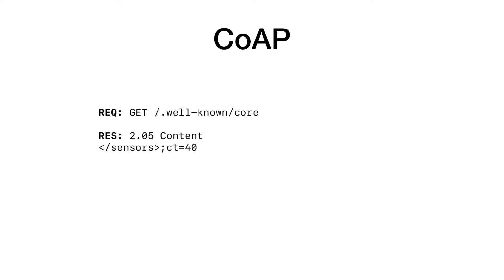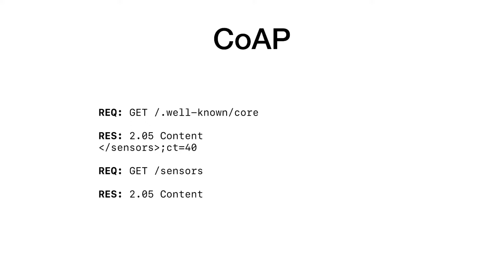What's returned is also application/link-format. So if I go to /sensors now, I know what type of data I'll get back. So let's go do that. I'll make another request to get /sensors, and I know it'll be application/link-format because it told me in the previous request.